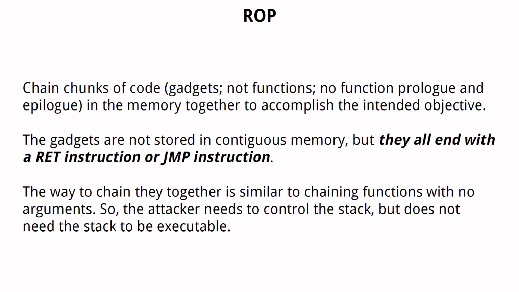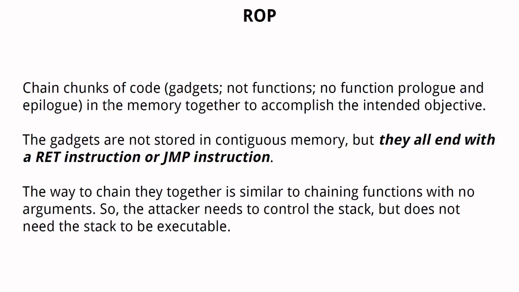We chain those gadgets together, then accomplish something much more sophisticated. The gadgets are not necessarily stored in continuous memory. They can be anywhere as long as they are executable, and they all end with a return instruction. In jump-oriented programming, they end with a jump instruction or a call instruction, which we will not talk about in this class. In this class, we only focus on return-oriented programming.